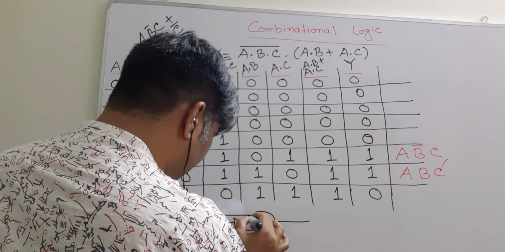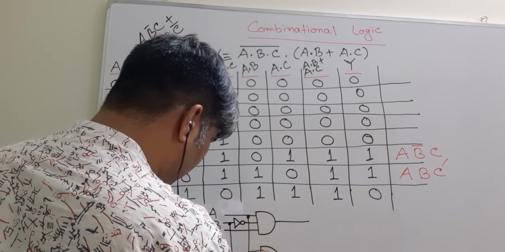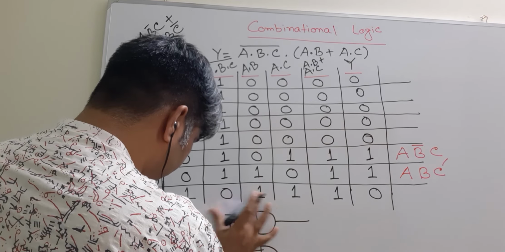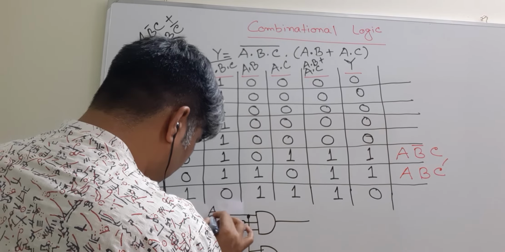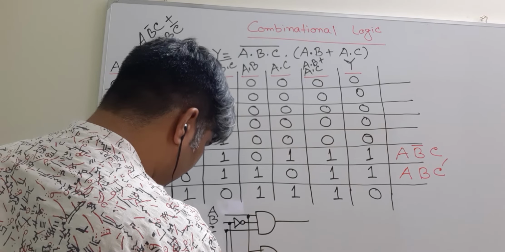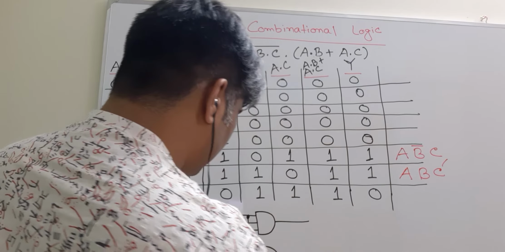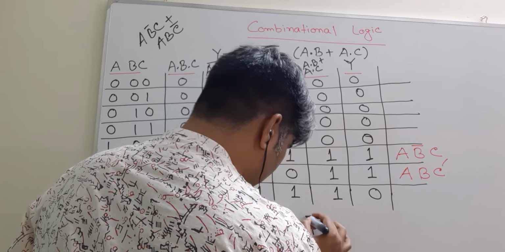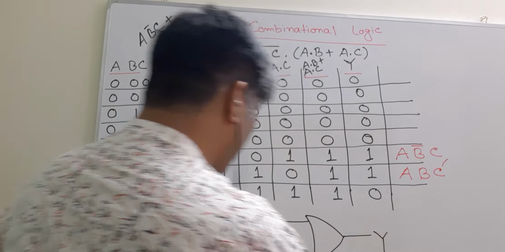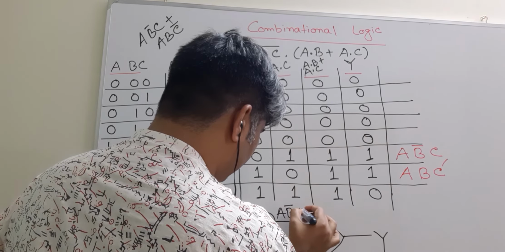So we can find A from here, we can find B from here, and we can find C from here. And now this is our Y.